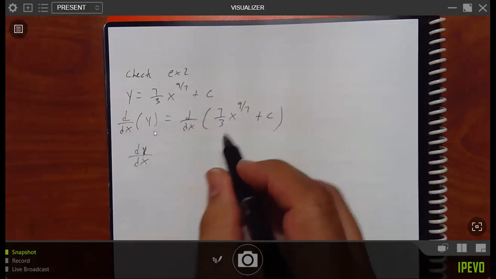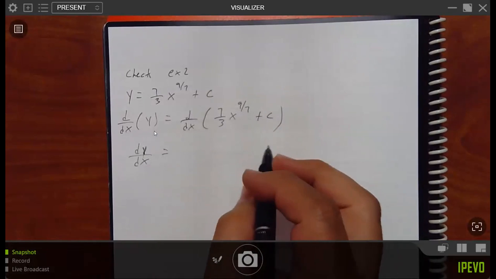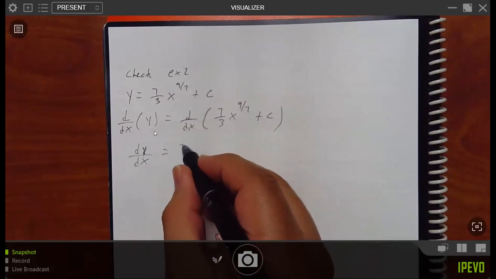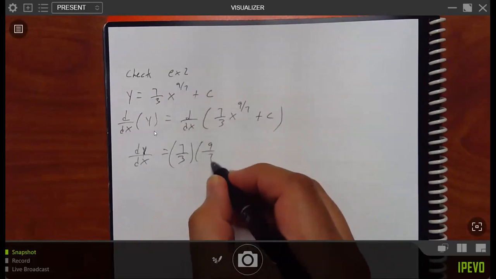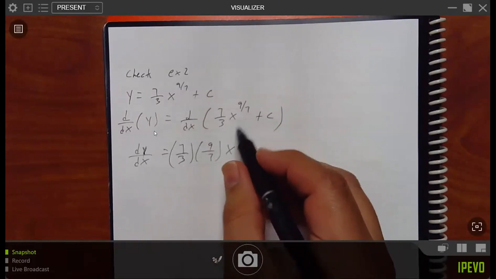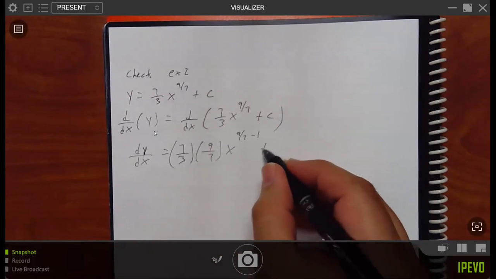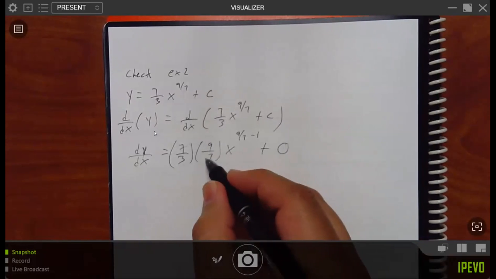Over here, the derivative of this will be 7/3, bring down the 9/7, subtract 1 from 9/7. The derivative of a constant is 0. These 7s will cancel.